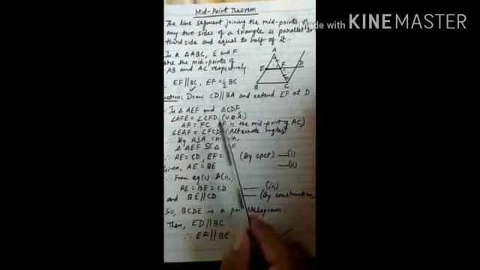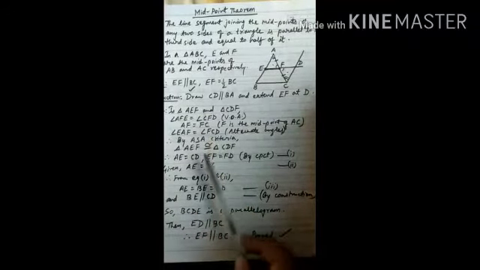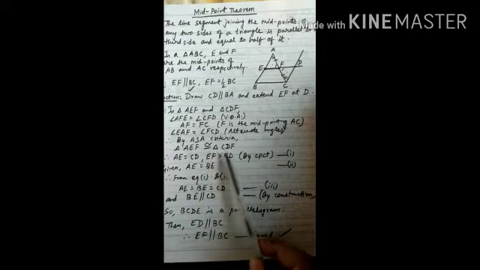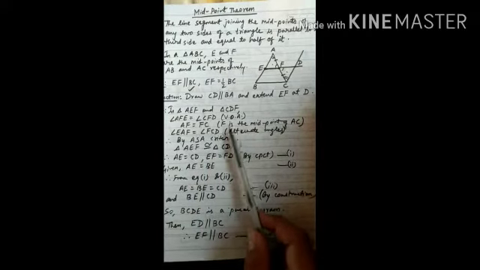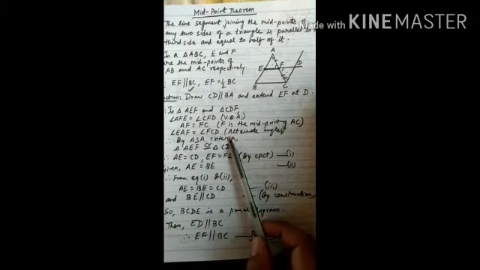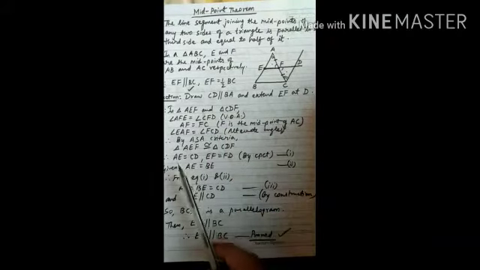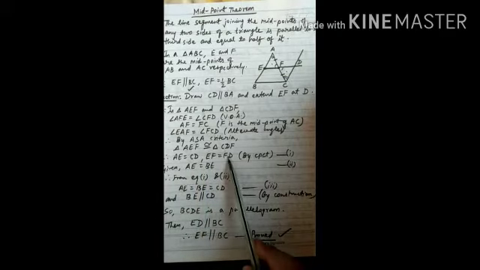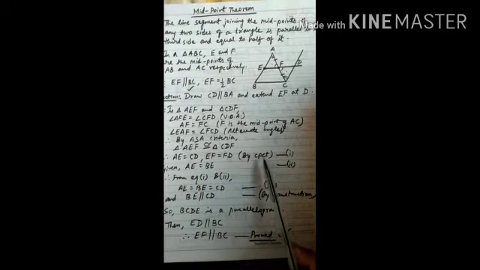Therefore, by the angle side angle criterion, triangle AEF is congruent to triangle CDF. Since the triangles are congruent, AE equals CD and EF equals FD by CPCT, corresponding parts of congruent triangles.